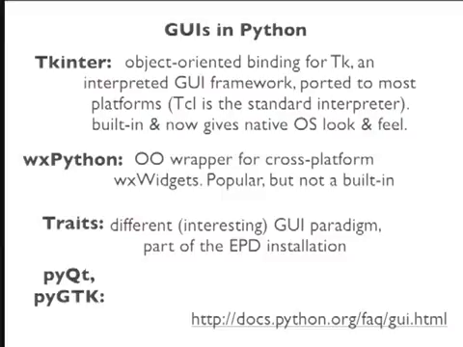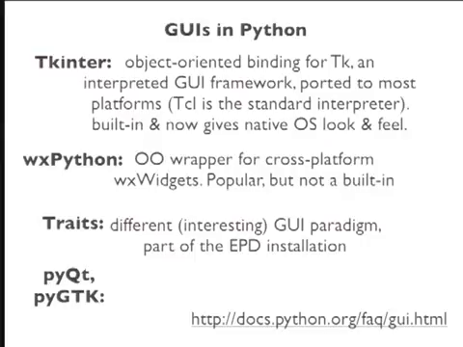And so traits allows you to declare that this variable is going to be a string, and it allows you to validate that, and then allows you to create connections between those variables, and then allows you to build essentially trivially GUIs around those complex variable objects. We'll see that towards the end of the class after the breakout session.